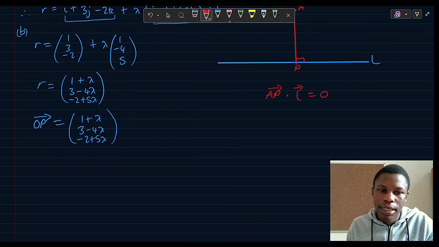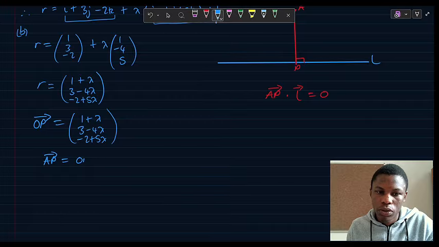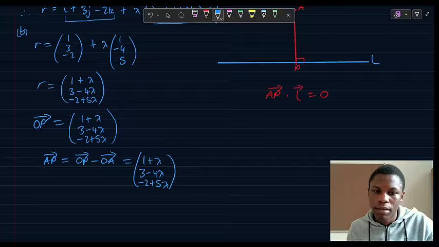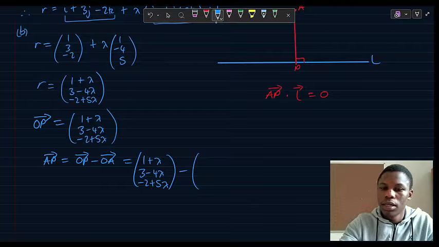So we can get AP by saying AP is equal to OP minus OA, which is equal to OP, we know, is 1 plus lambda, 3 minus 4 lambda, minus 2 plus 5 lambda, minus OA.